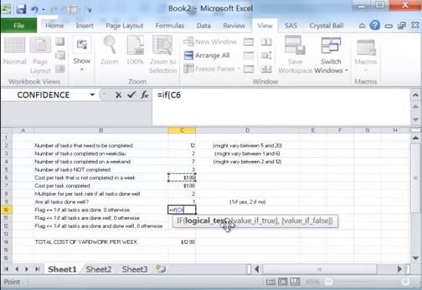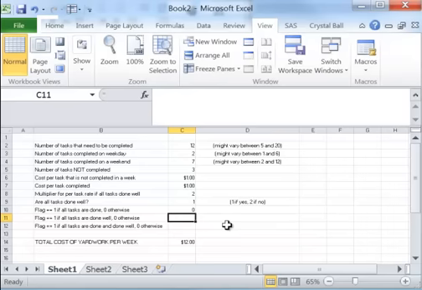The test here is if this value, the number of tasks not completed, is equal to 0, that means all the tasks are done, then I want to return a 1, otherwise I want to return a 0. Okay, so in this case, there's 3 tasks that are not done, so this flag gets a 0. Not all the tasks are done in that week.